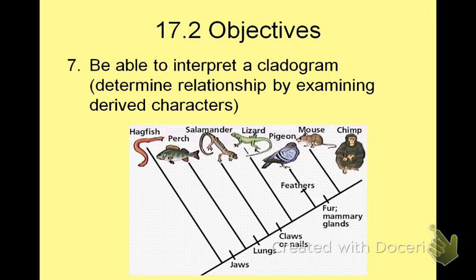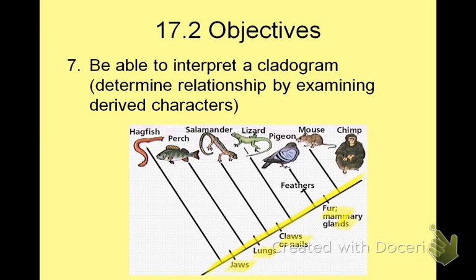So this is a cladogram, and again we're looking at ancestral characteristics versus derived characteristics. What we're seeing here is we're tracing this line up through, and these are the different derived characteristics.